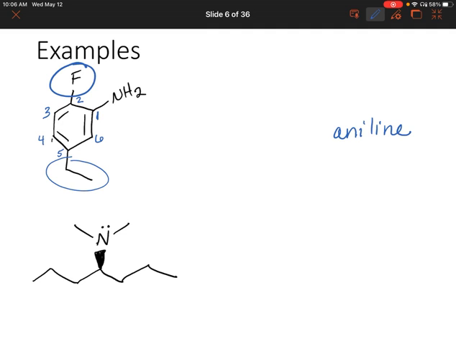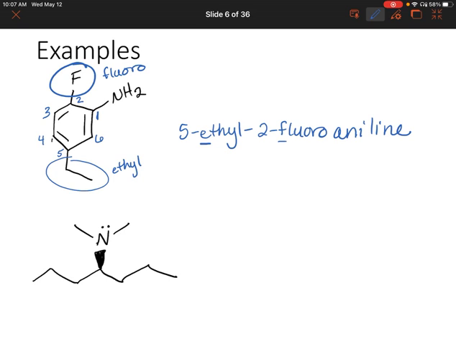Now we do want to alphabetize, so we have ethyl versus fluoro. Which one would come first? Ethyl, right? So that would be 5-ethyl-2-fluoroaniline. So always remember to alphabetize as well.